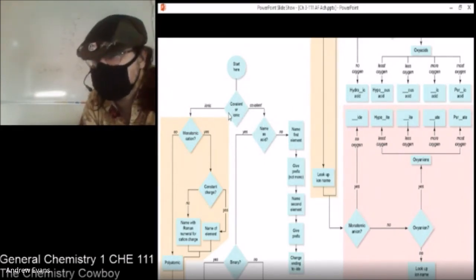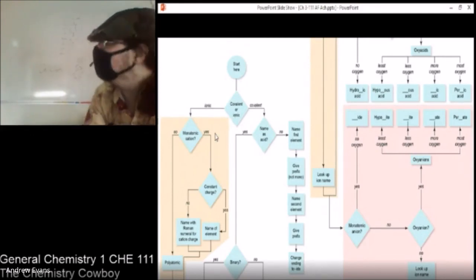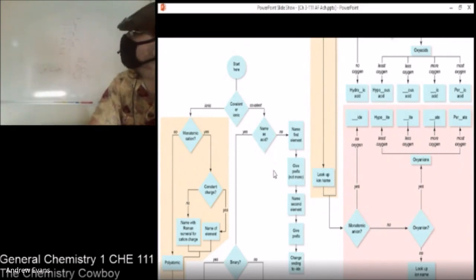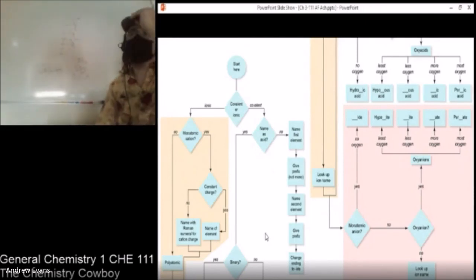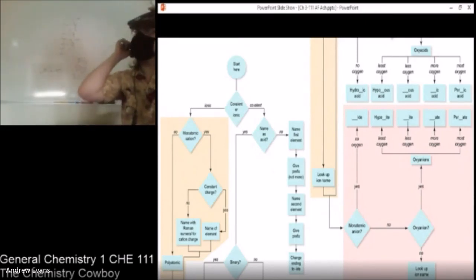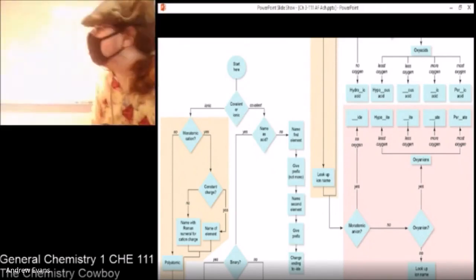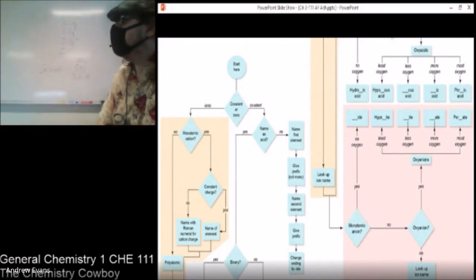Is it metal and non-metal, or non-metal and non-metal, and split it there. Then talk about, how do we name the cation? Is it a transition metal or not? Well, if it's a transition metal, we have to do it one way. If it's not a transition metal, we can name it the other. What about the anions? Is it a normal anion? Is it an oxyanion?